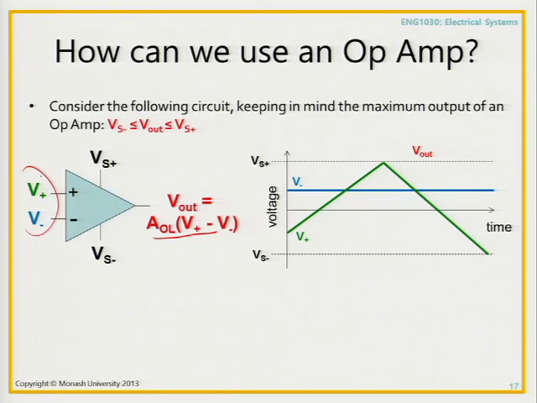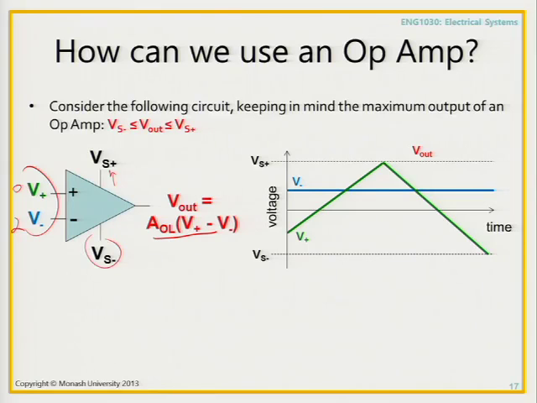So if V plus is greater than V minus, then the output basically goes to the top supply voltage, Vs plus. If it's the other way around, so if V plus was 0 and V minus were 2, then the voltage goes all the way down to the negative supply rail.